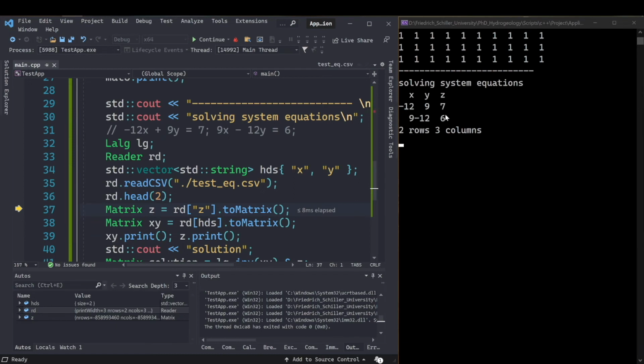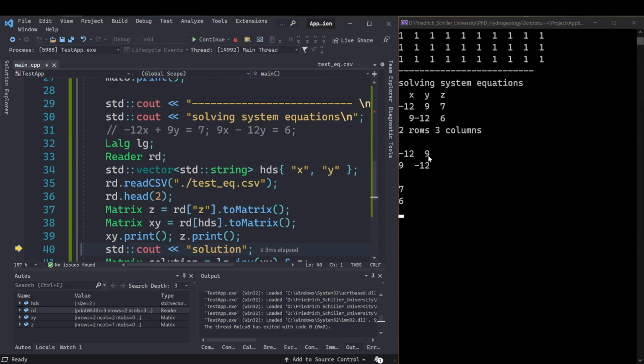For instance, I will select the right-hand side constants by passing in the constant z, which I set in the CSV file. I can also select multiple columns. In this case, I will select the x and y constants by passing in a vector of strings containing the names x and y. Once I have selected the appropriate columns, I will also display them on the console.